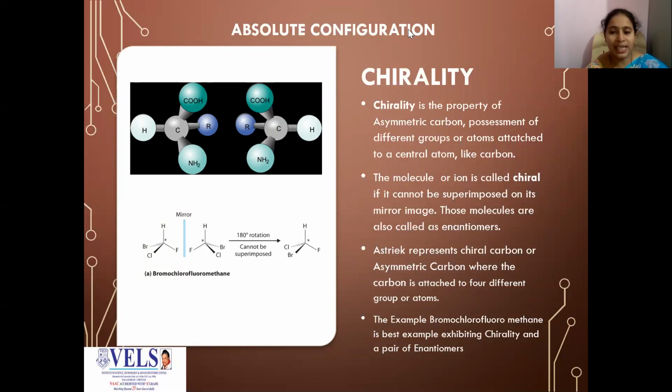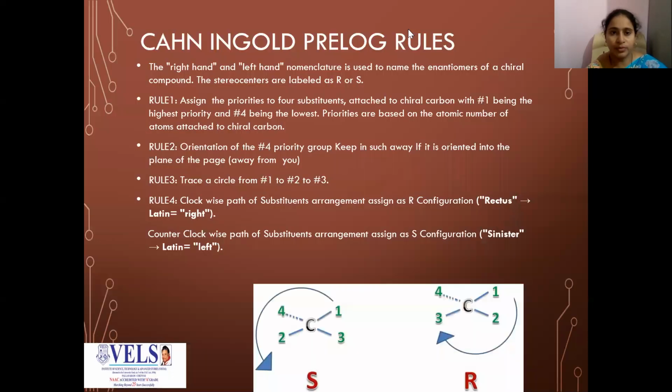Here, if you see the example, bromochlorofluoromethane is the best example which exhibits chirality, and as it is not superimposable on its mirror image, it behaves as enantiomers. Similarly, we have chosen an example of substituted amino acids. These also exist in 2 enantiomeric forms.